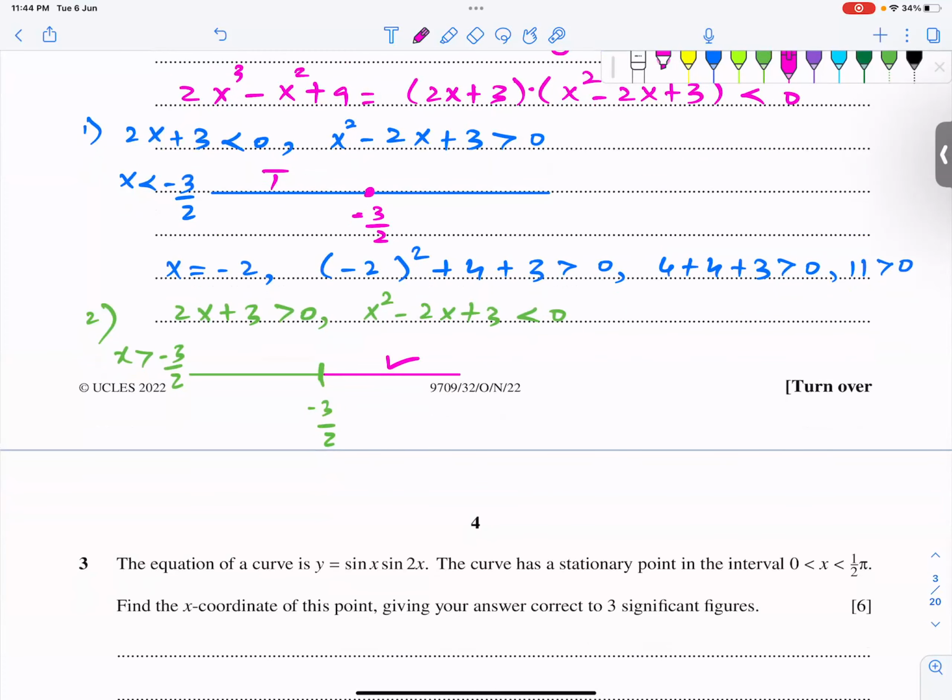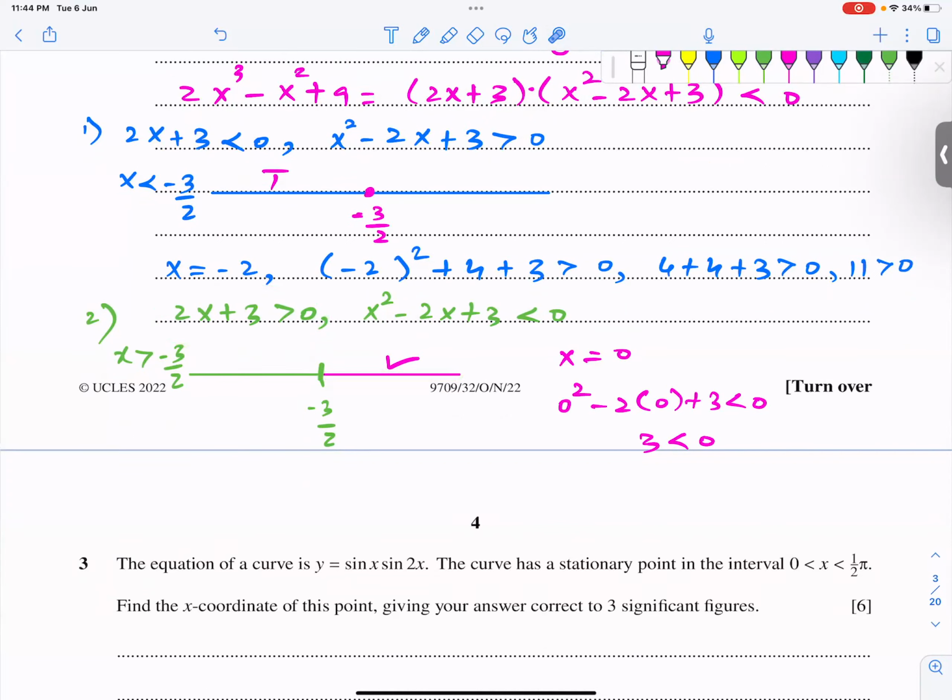So it's very simple. Just check 0 because 0 lies in this interval. So just check 0 for the other inequality. This will give you 0 squared minus 2 times 0 plus 3 less than 0. So this means that 3 less than 0. So it's false. So this portion, which was true for the first inequality, is not true for the second inequality.